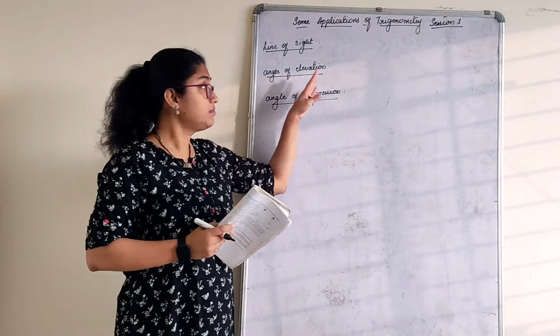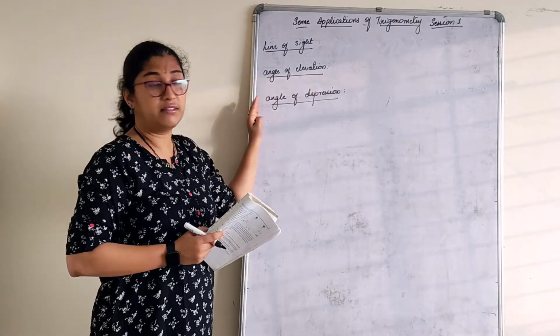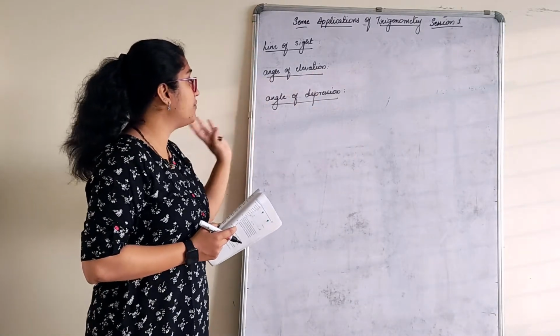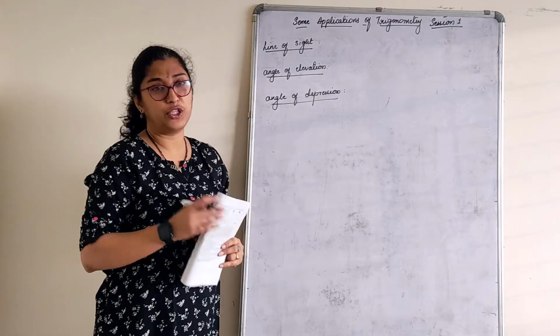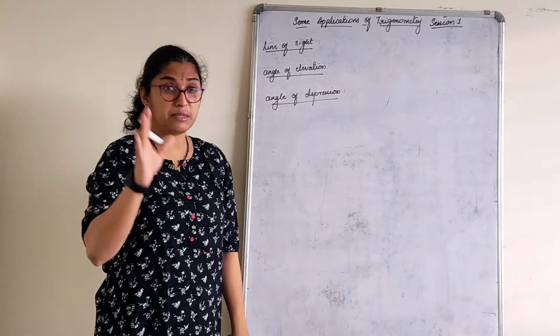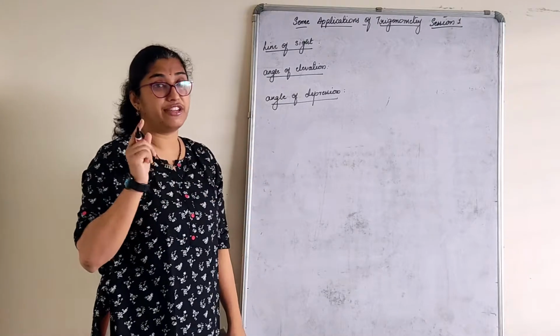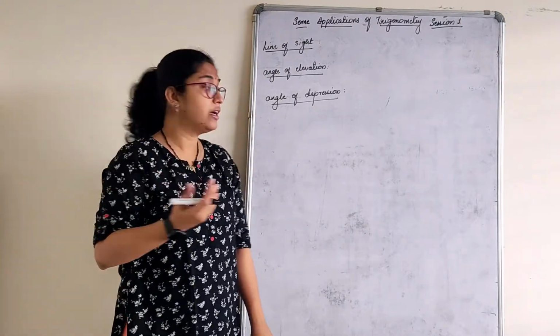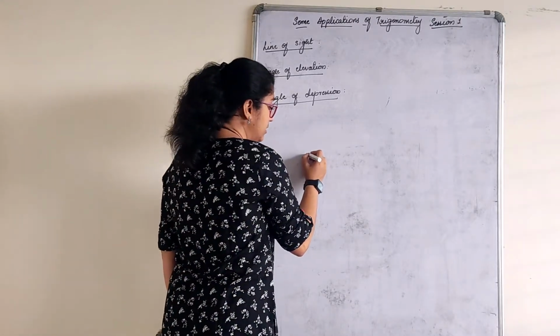Before we go, we need to understand a few terms here: line of sight, angle of elevation and angle of depression. In simple terms, I will explain first and then we go with the definition. Now, line of sight. Assume that you are standing on the ground.